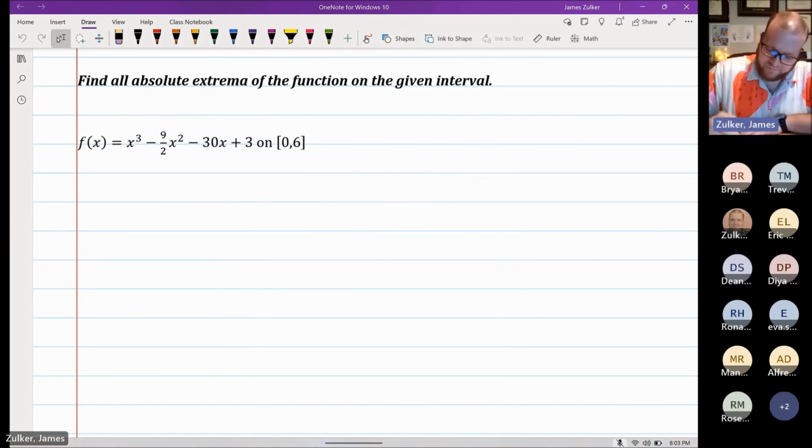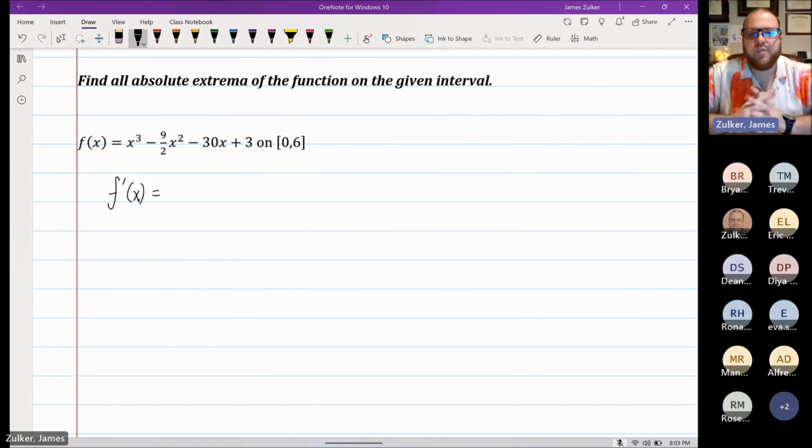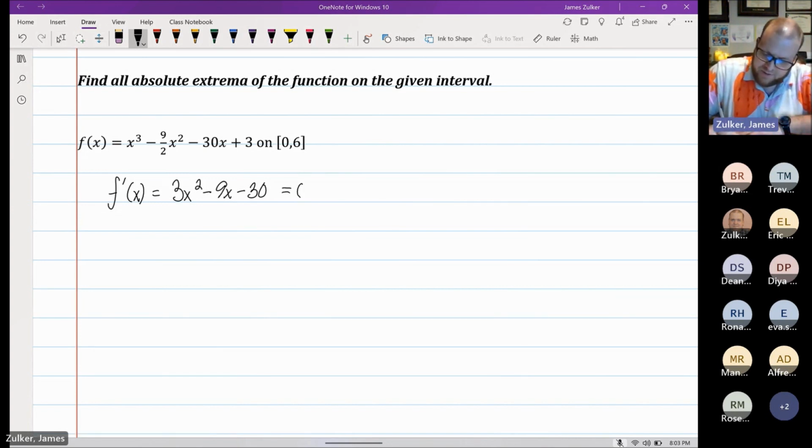All right, so to find critical points, we first need the derivative. We look for points where that is undefined. Well, it's defined everywhere, it's a polynomial. So now we just set it equal to 0 and solve.